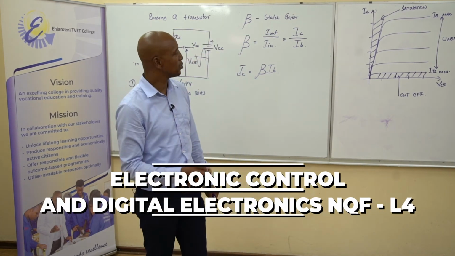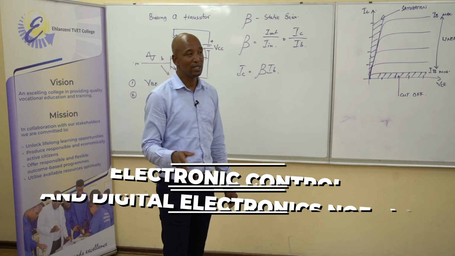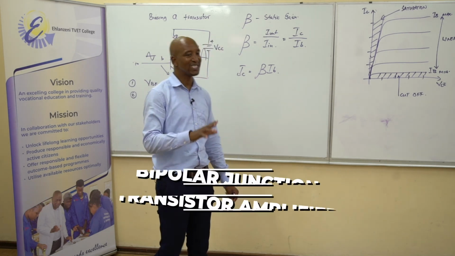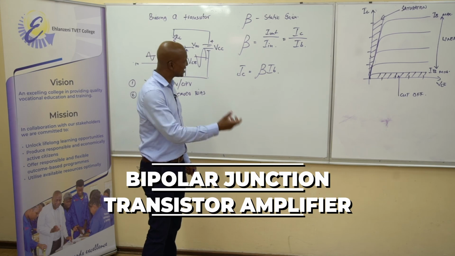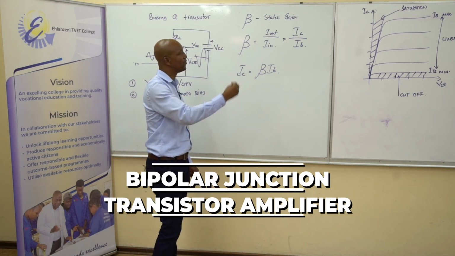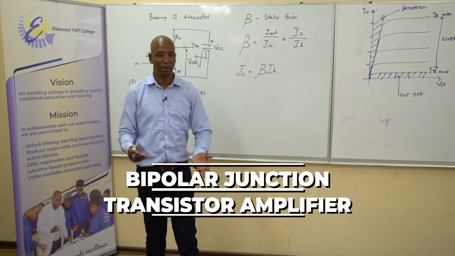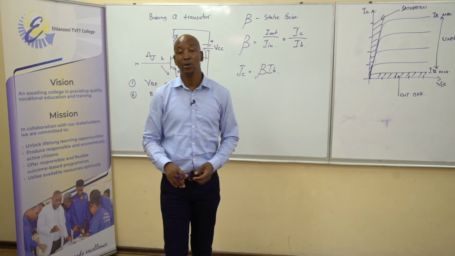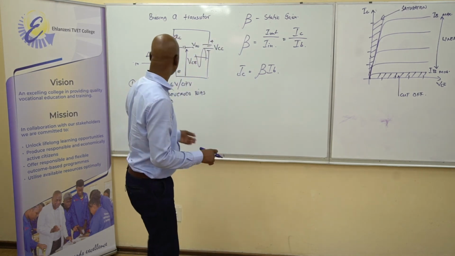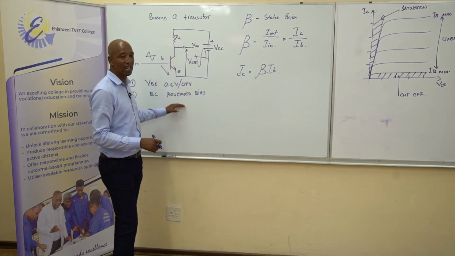In electronics, biasing is just determining certain values of the transistor at given points. You also now know how to bias a transistor to operate as an amplifier.